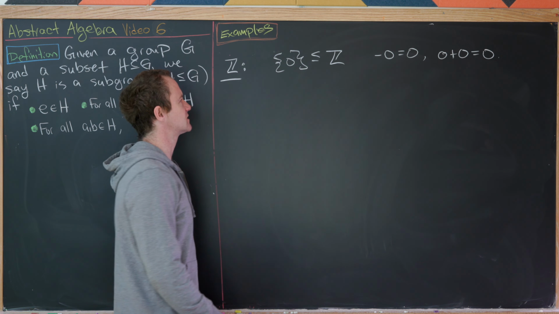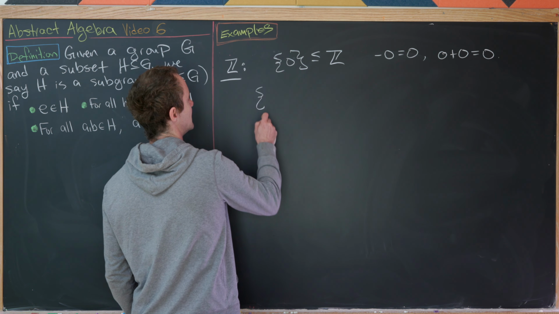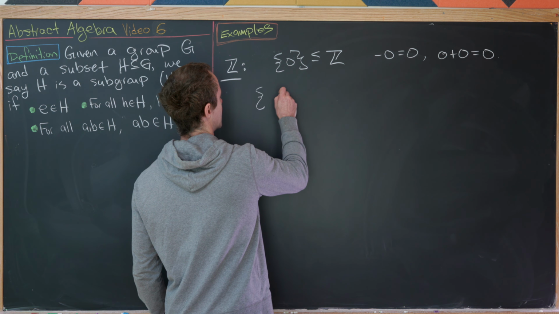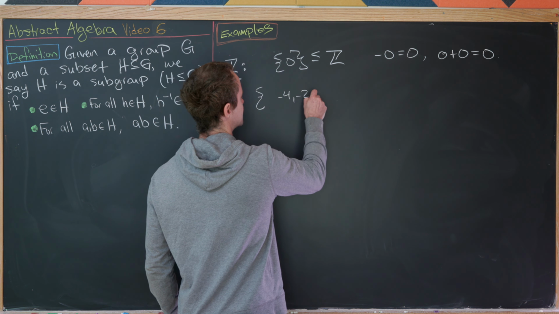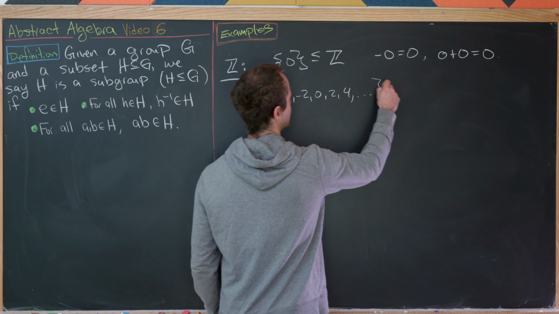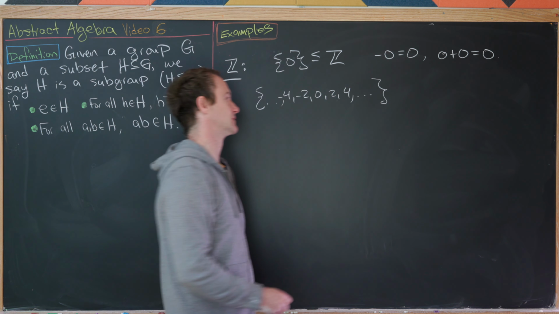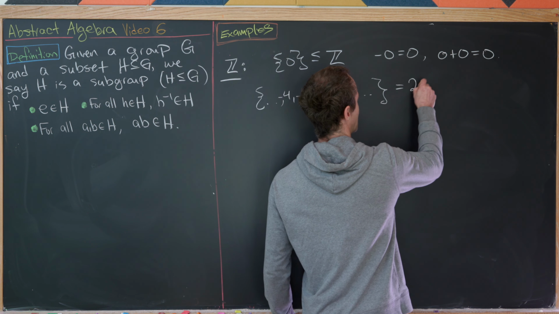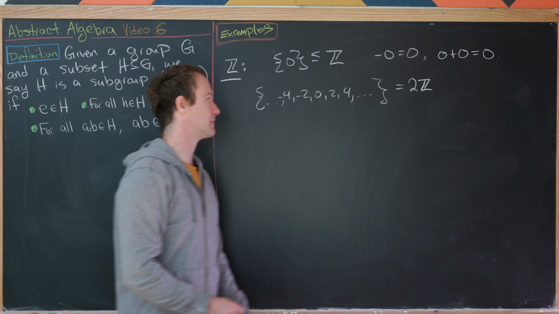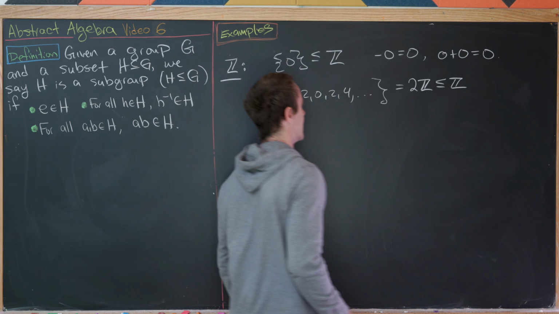Okay, so now let's look at a little bit more interesting subgroup of Z, maybe this. So -4, -2, 0, 2, 4, and so on, and that's happening in both directions. So this is the set of all even integers. And there's some notation for that, and that is 2Z. And this is most definitely a subgroup of Z as well.